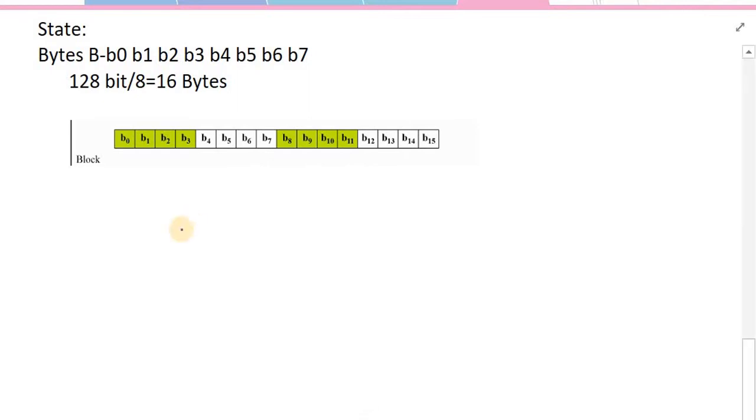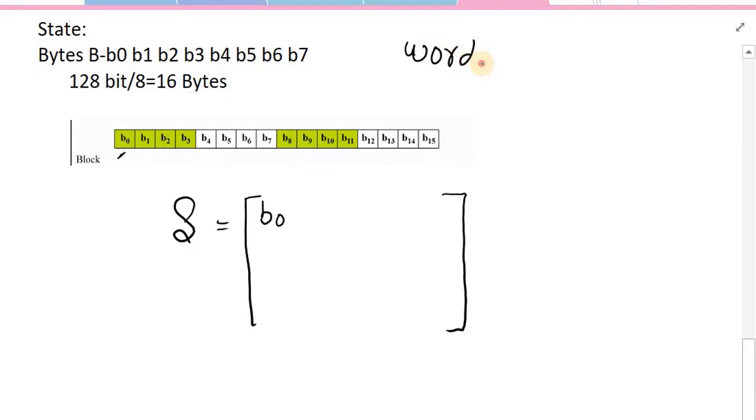So in order to represent it in terms of the state, we have to select the byte levels. First, B0 will be placed here. Now we start from B4, like B0, B1, B2 and B3, and then B4, B5, B6 and B7. In the state there is also a term called word. So what is a word here?